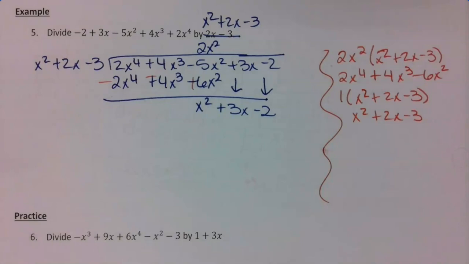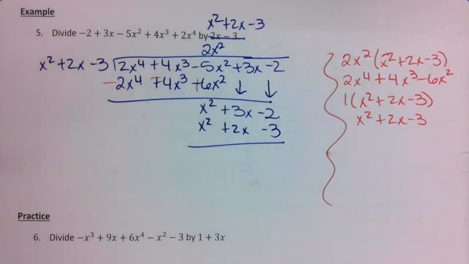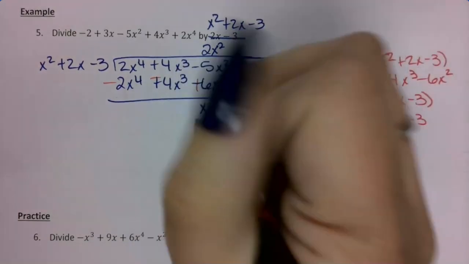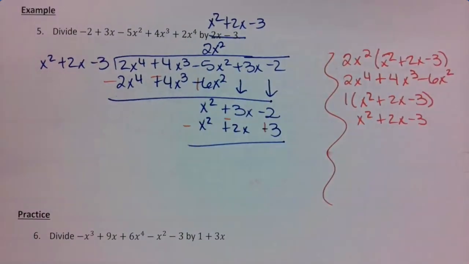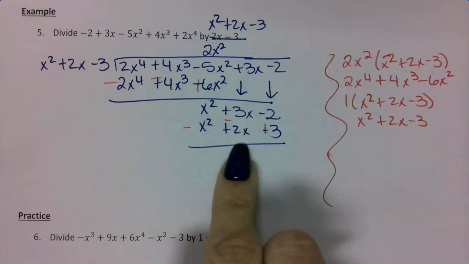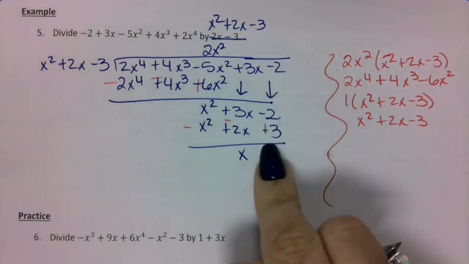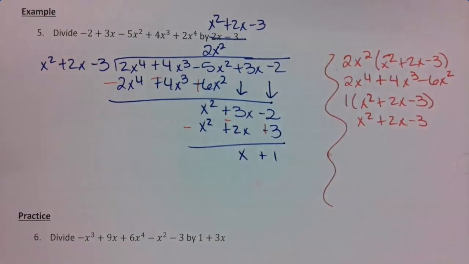Okay, and then I want to write this down below. Then I want to change my signs. So x squared minus x squared cancels out. 3 minus 2x is 1x, or just x. Negative 2 plus 3 plus 1. Oh, I forgot to write my 1 up here.